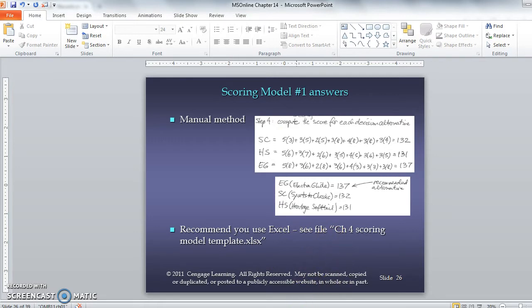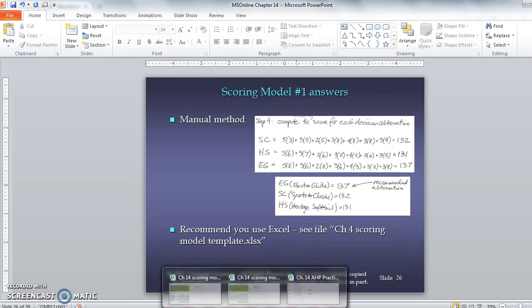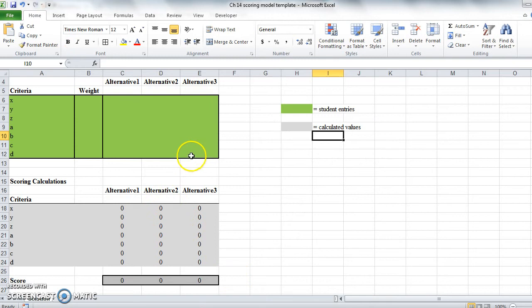There's a template that I've posted on Canvas, and that template looks like this, where you enter the criteria and you enter the weightings and so on. I'm just entering some simple values here, and then you decide how each of these scored, and then numbers start to develop, and we have the solution here.